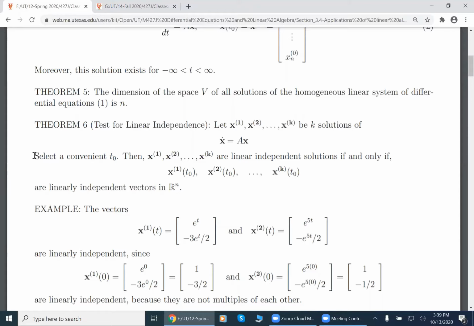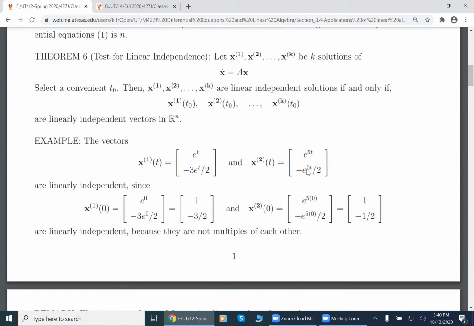And now, if we negate sentence number 2, it becomes: if for all t's these are dependent, then these matrix columns are dependent. But since we have to prove that these columns are dependent for all t's, it is not enough to plug in a finite number of values for t.